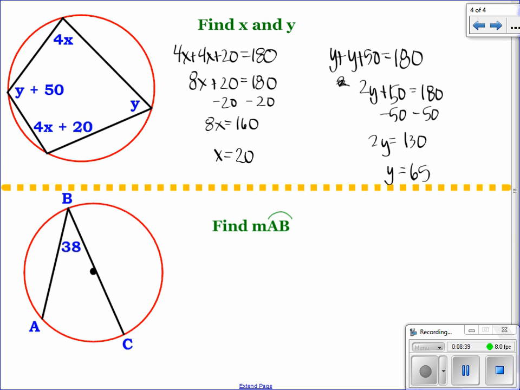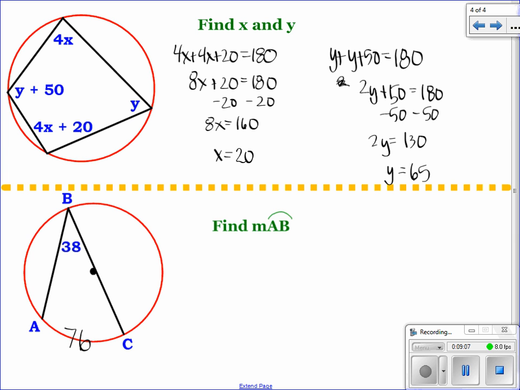So we needed to double 38. So what is that? 76. Okay, so the arc is 76. What other clues did they give us? They do have the center. So what does this mean? BC is the diameter.